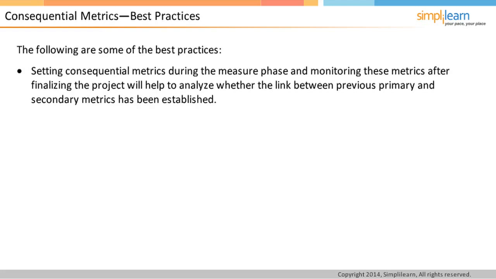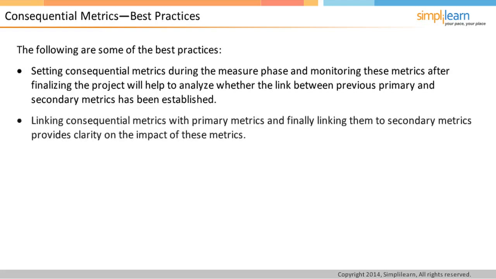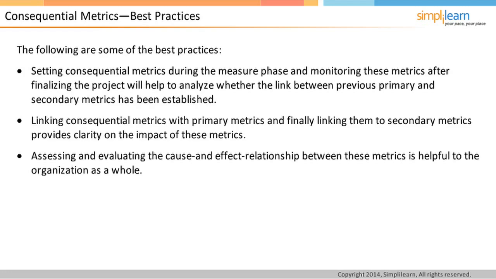Also, linking consequential metrics with primary metrics, and finally linking them with secondary metrics, provides clarity on the impact of these metrics. Assessing and evaluating the cause and effect relationship between these metrics is helpful to the organization as a whole. In the next screen, we will list some project planning tools.